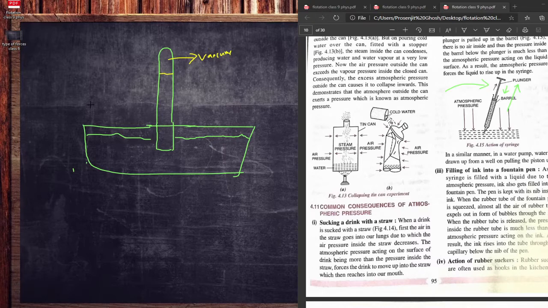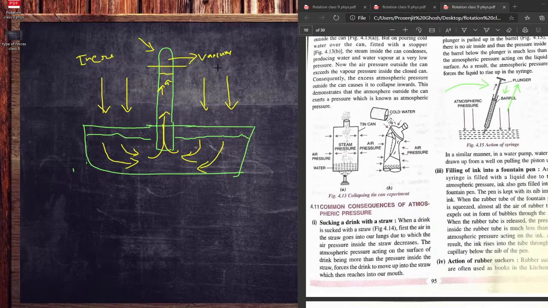So we know that air is constantly exerting atmospheric pressure on this mercury, and that atmospheric pressure gets distributed equally in all directions. As this part is vacuum, due to an increase of atmospheric pressure, this mercury will get lifted up, so the mercury level will rise a little bit.